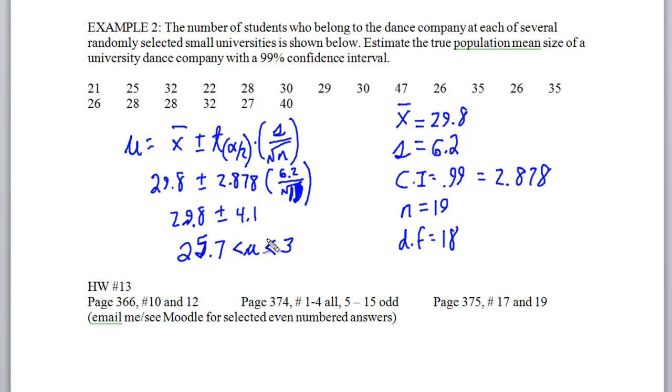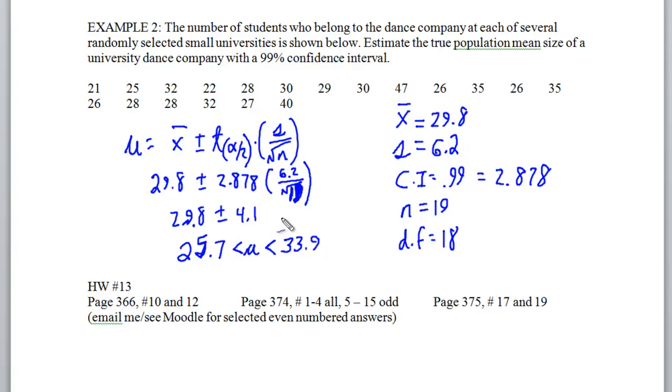And if I take 4.1 and add it to 29.8, I have 33.9. So the average is between 25.7 and 33.9 for a number of people in a university dance company team.